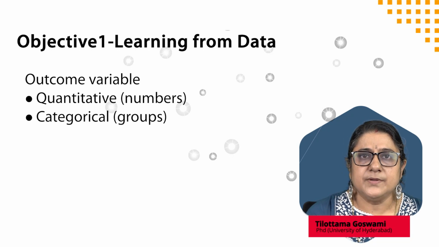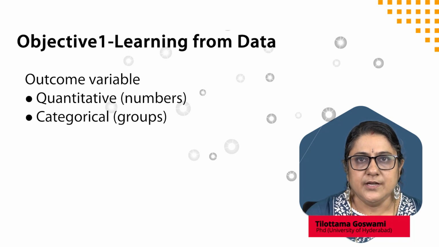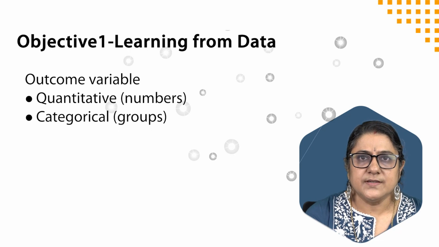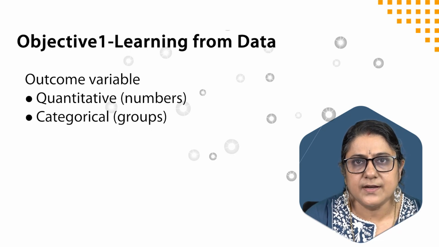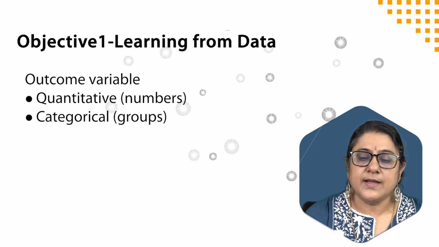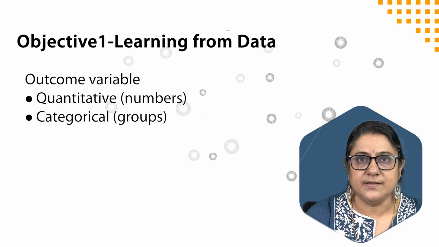In another example, a set of features gives an output which is numerical or quantitative in nature, 24.5. Another set of features gives an output of 115.6. So these outputs are numerical in nature and it is called quantitative.